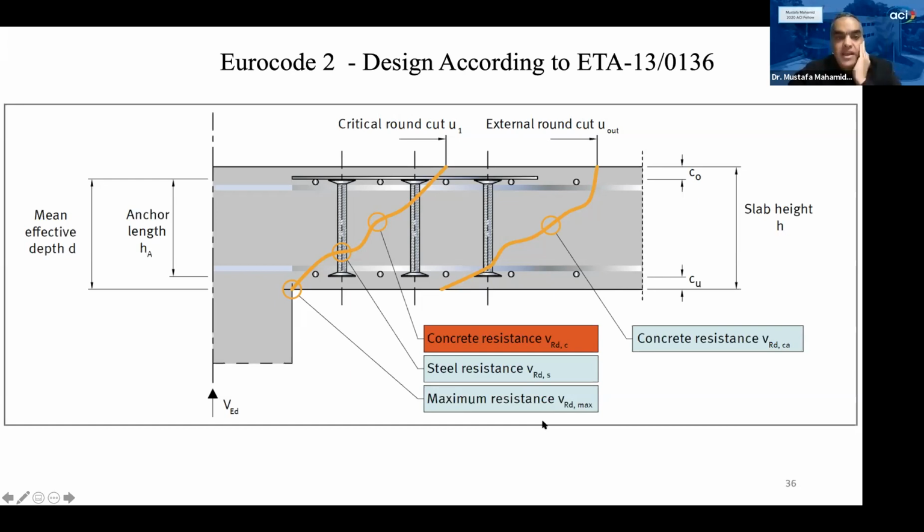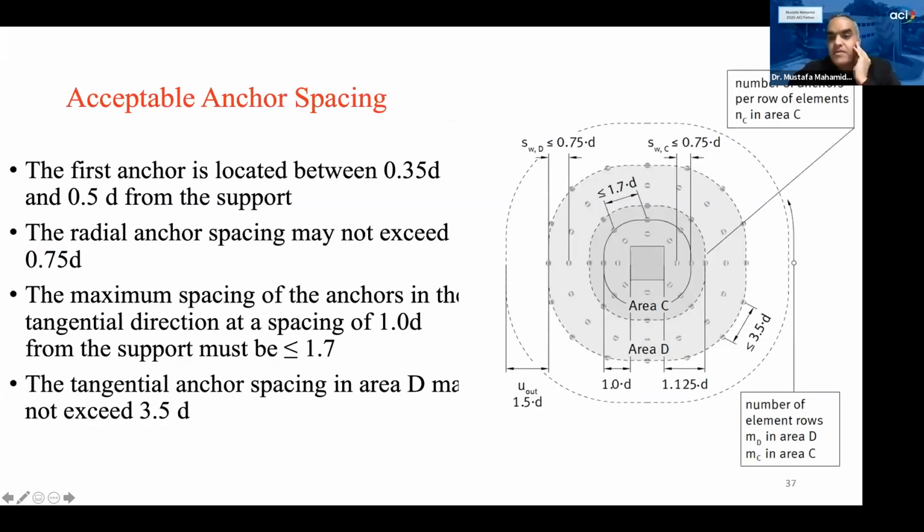And this is the arrangement of an acceptable anchor spacing for the studs according to the Eurocode, which is different slightly from ACI, but there are some proposals in modifying the arrangement in ACI to something like this, like a circular arrangement of the studs following what has been used in the Eurocode.